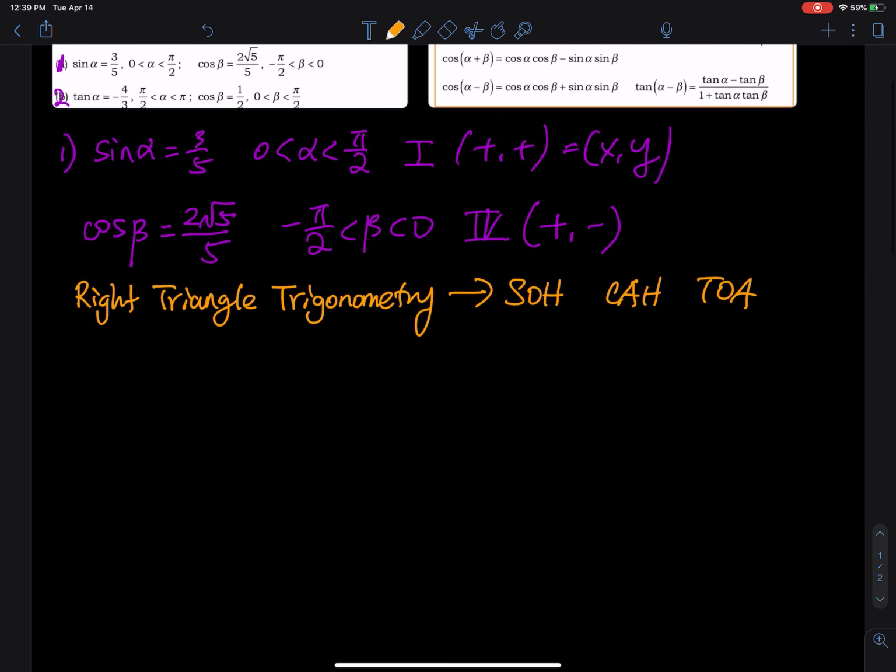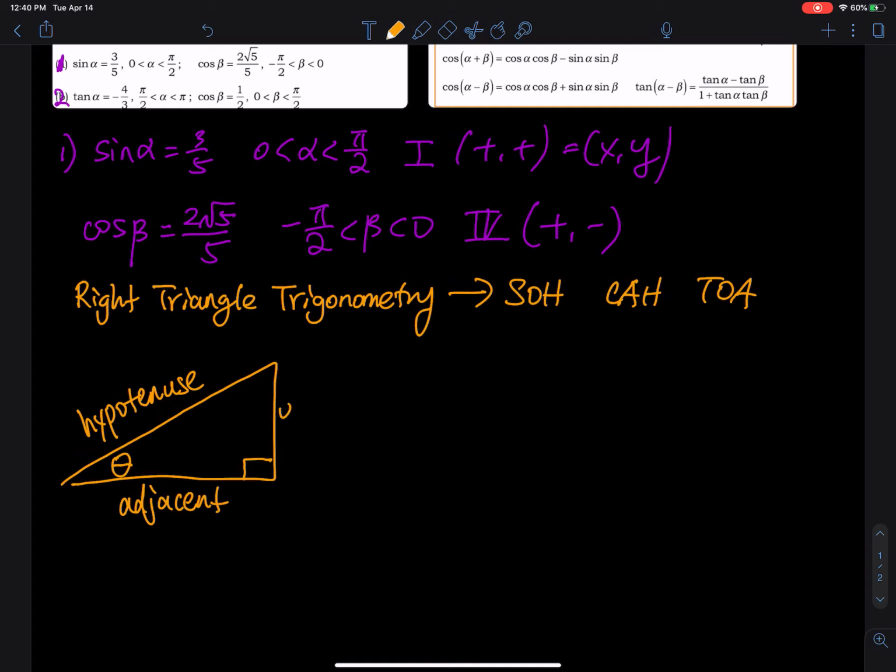First, we have to draw a right triangle. A right triangle means one of the interior angles is 90 degrees, a right angle. This side, we call the hypotenuse. This is where the angle is, and this side is called adjacent. And this is called opposite.